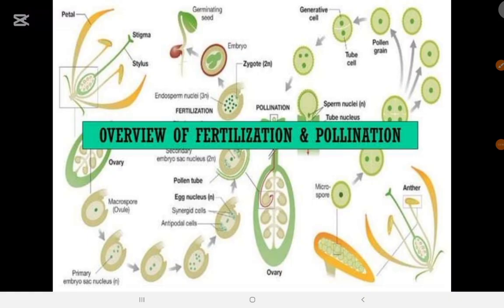One will fertilize the egg cell and become the zygote, and the other will fertilize the polar nuclei, which is the embryo that grows into a seed. And of course, surrounding the seed is going to be the endosperm, which nourishes the developing zygote. All right.